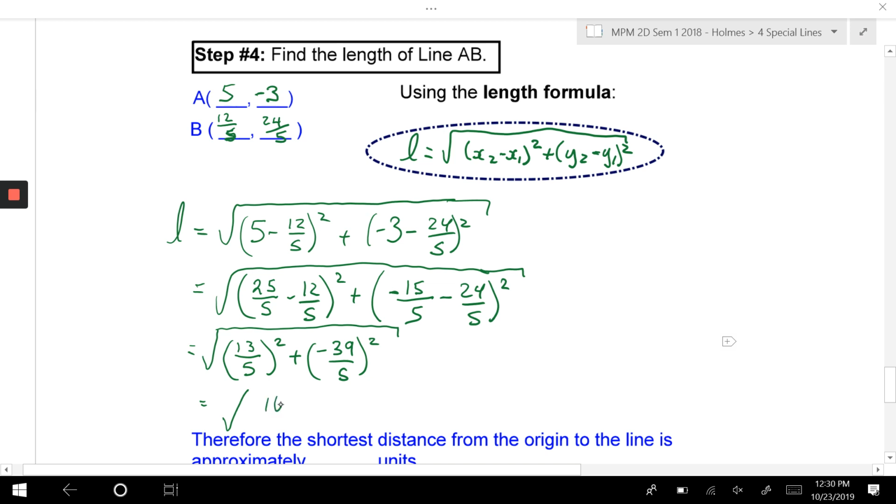Thirteen squared is 169. 5 squared is 25.